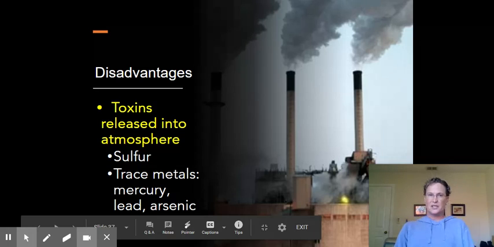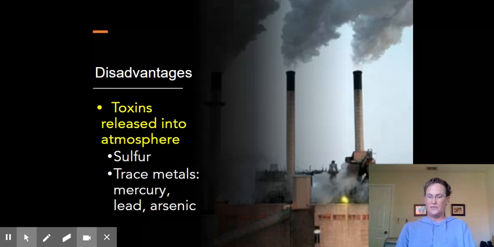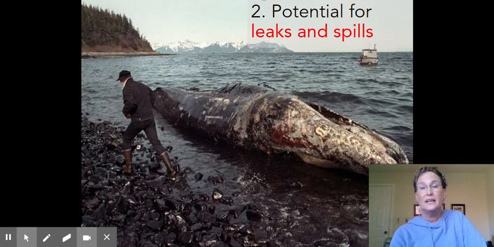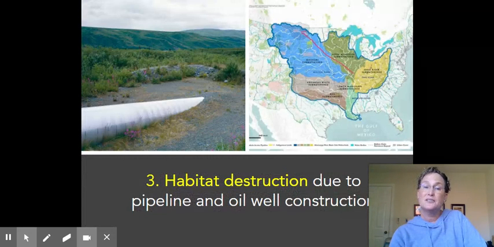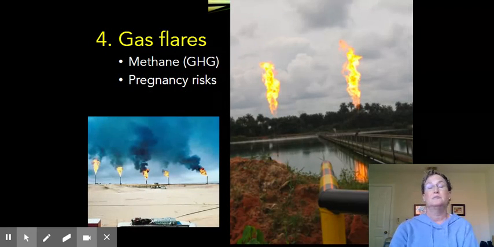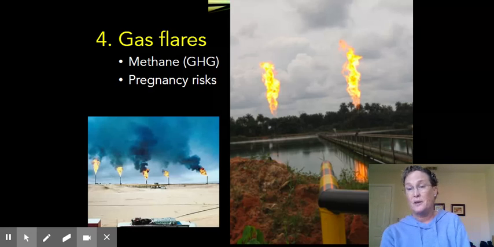The disadvantages are that toxins are released into the atmosphere, things like sulfur, trace metals like mercury, lead, and arsenic. So you're writing that down. And then there's the potential for spills and leaks, kills many wildlife, habitat destruction due to pipeline and oil well construction, gas flares like methane, greenhouse gas emissions, and risks for people who are pregnant.